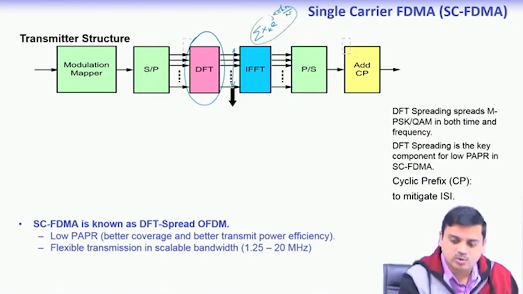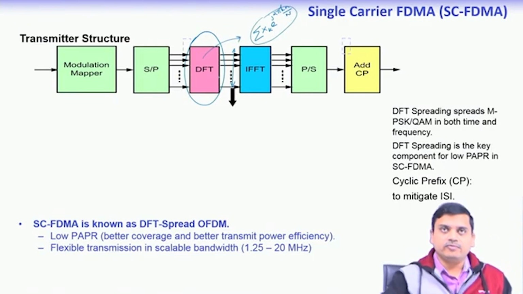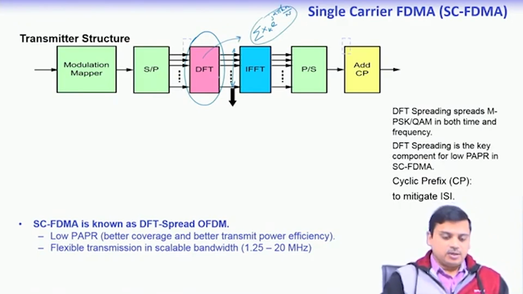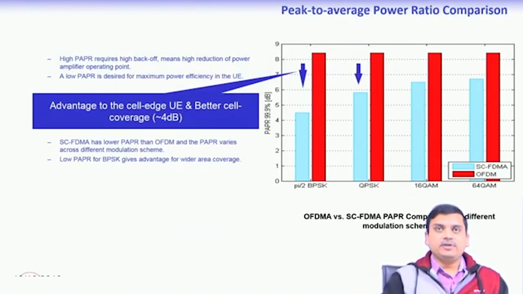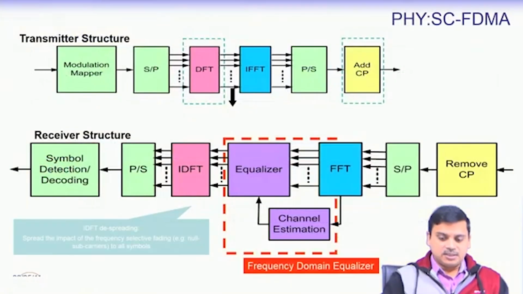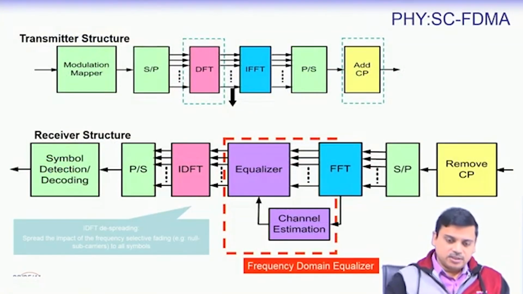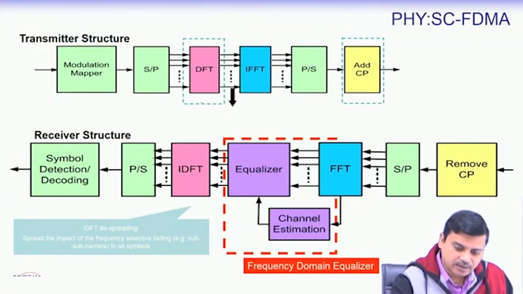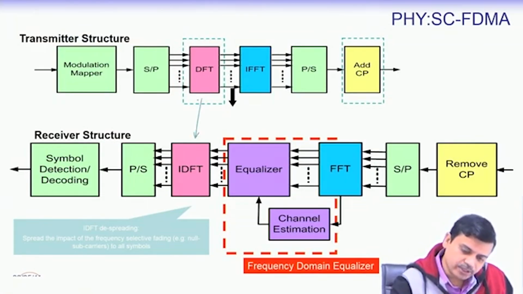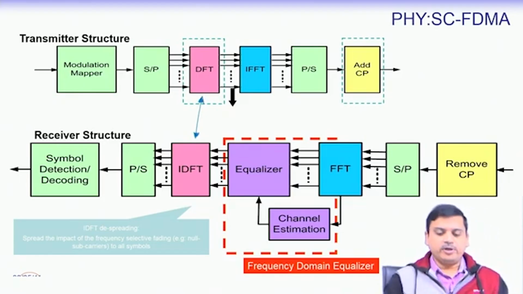In case there is coherent combining, this will remove the effect. So, with that, there is a significant reduction in PAPR. We have also discussed the transmitter receiver structure. The DFT operation at the transmitter is correspondingly undone with the help of an IDFT operation at the receiver. So, this is also very important.